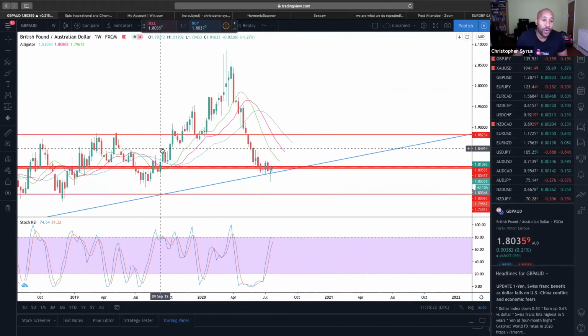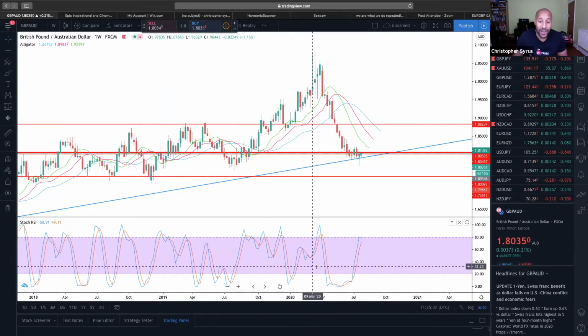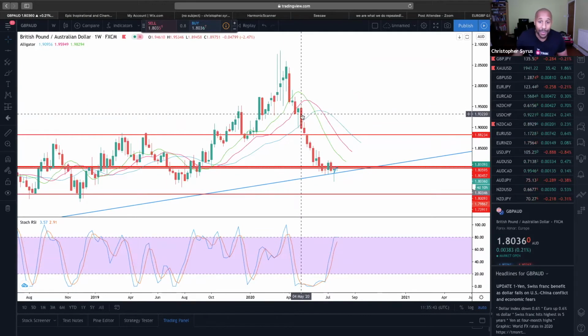And what we're looking for in the weekly chart, and you can see this is 2019 here, this is April, October of last year, and then we're into 2020, starting here, April and July. These are weekly candles, so each of these candles is what happened over a week.